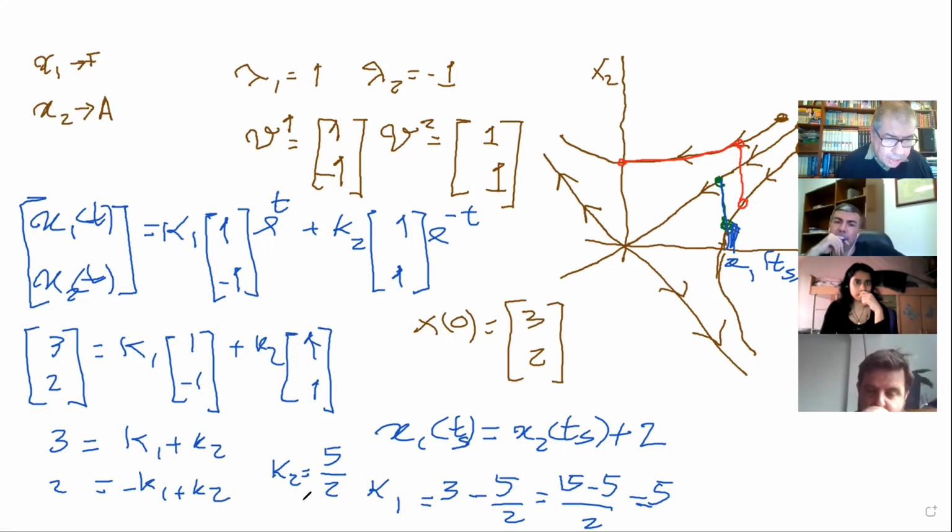So this is correct, 2.5. But k1 should be 1/2. Yeah, it should be 1/2. And this is 2.5.